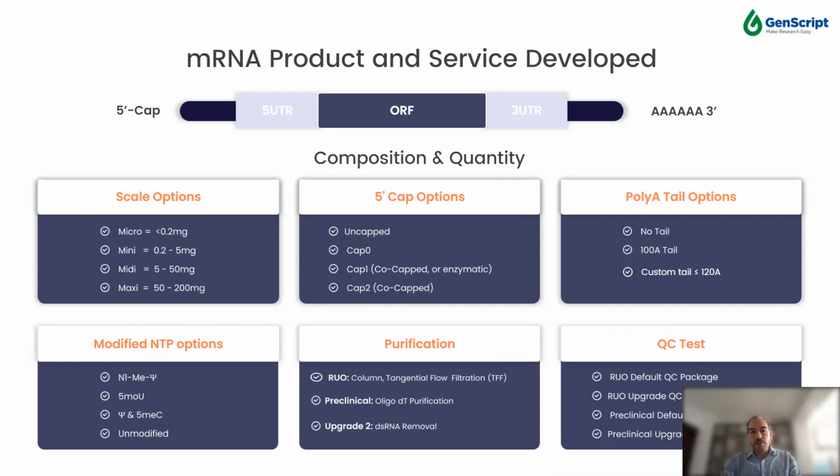We offer the use of modified NTPs. We offer different types of purification, silica or oligo-dT. We offer different QC tests for different grades that we can produce. We have customized QC packages for each quality grade. Of course, those are also customizable to your need.